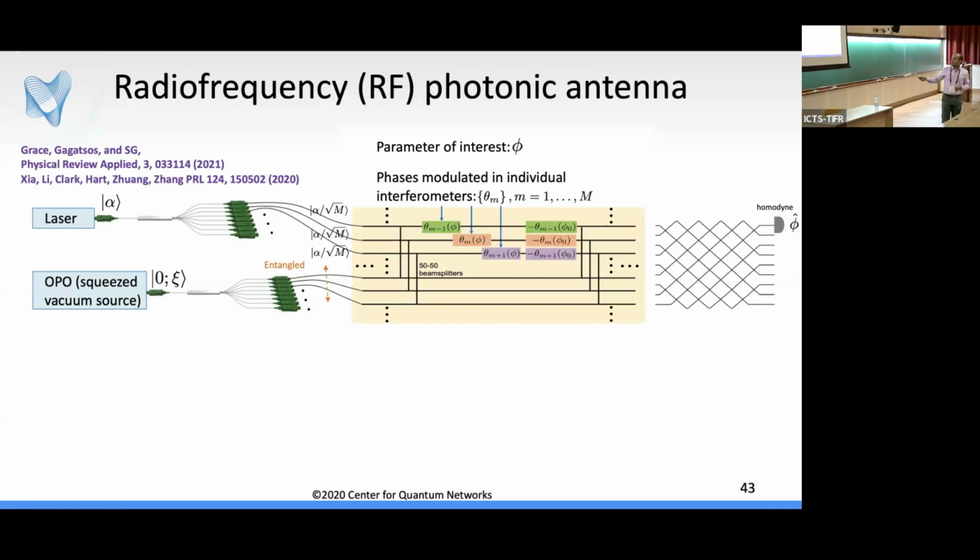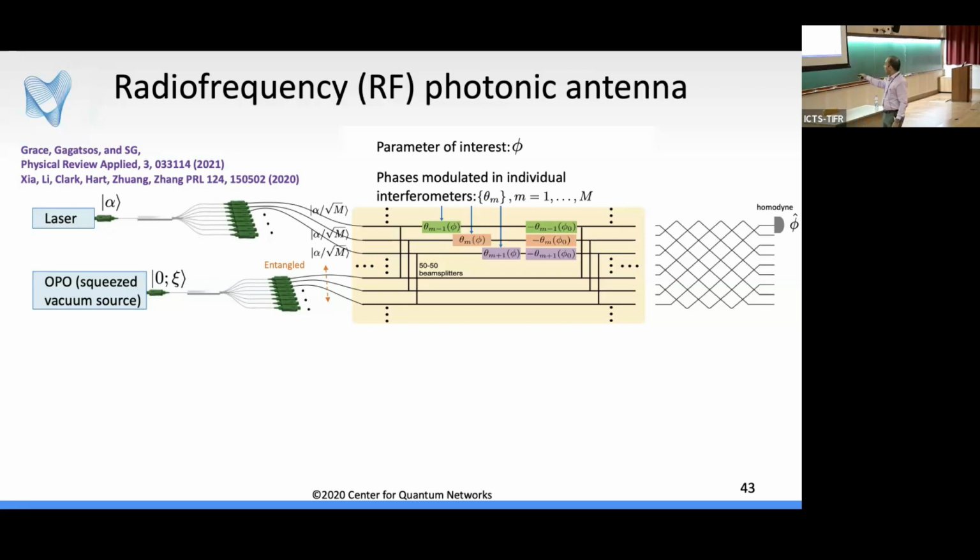If you take a squeezed vacuum state and put it on a beam splitter, you get an entangled state at the output. Remember, if I put a coherent state on a beam splitter, you get a product of two coherent states. But if I put a squeezed state on a beam splitter, I get an entangled state. It's a Gaussian two-mode entangled state. So similarly, if I take a squeezed vacuum and split it on a multi-port interferometer, I'll get an M-mode entangled state.